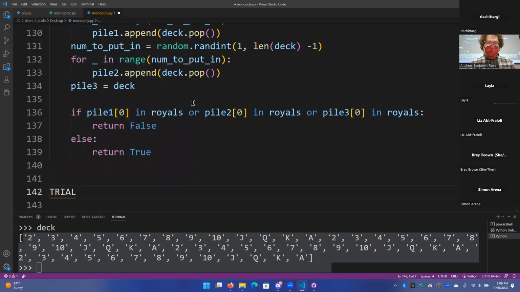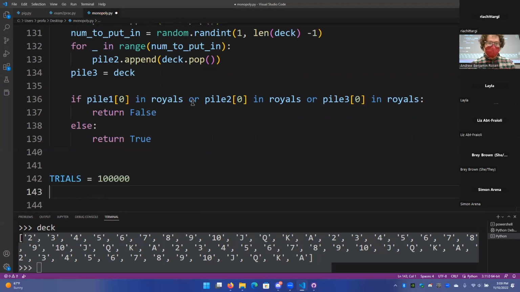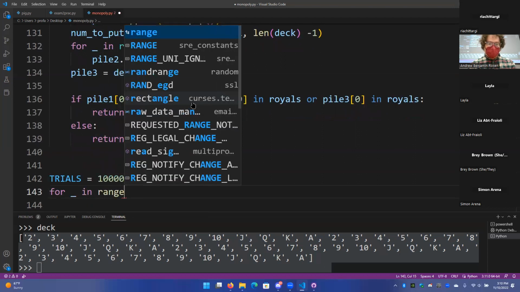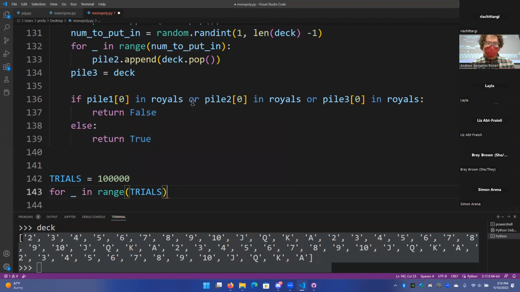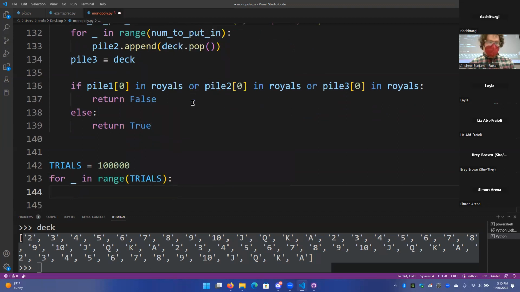Trials is equal to 100,000 of these trials. For in range trials. Okay. Let's see.